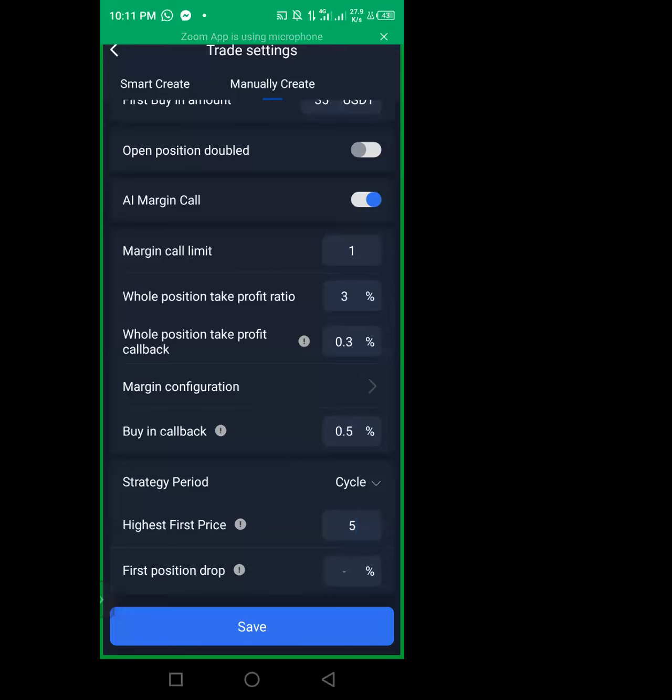The robot will set this $5 you put here as your preset price. I've explained what the preset or entry price means. In the sense that even if ATA starts increasing more than 5, 6, 7, $8, the robot will not buy it for you. It will wait until ATA drops to 5. It will continue trading for you.